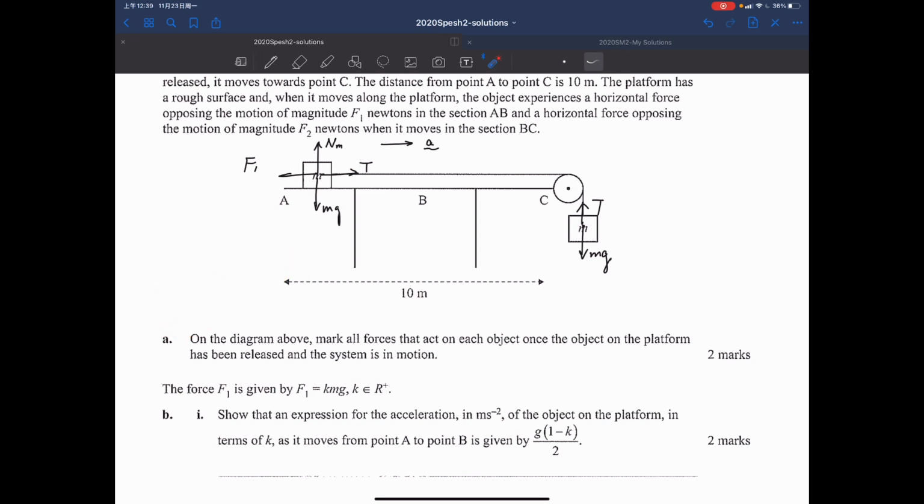But it's not clearly, explicitly stipulated in the Specialist Math study design. I believe if you are using the Cambridge textbook, you will still cover the idea of small f equals mu mg or mu N, the sliding friction.